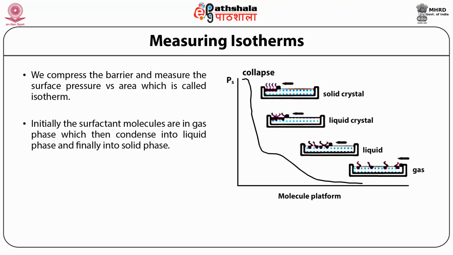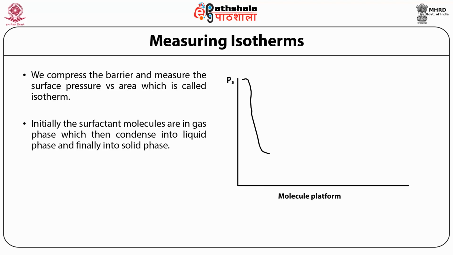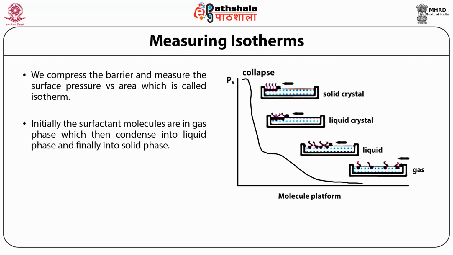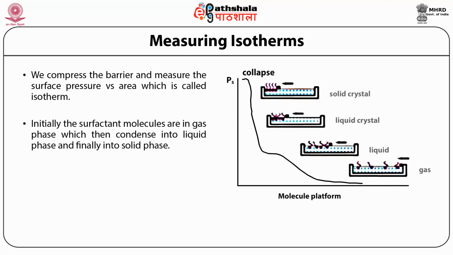And then when we compress it further, we can see that finally the rise in surface pressure is very high, very strong. This compressibility is solid like, so that even when you reduce a small amount of area, you have a large increase in pressure.